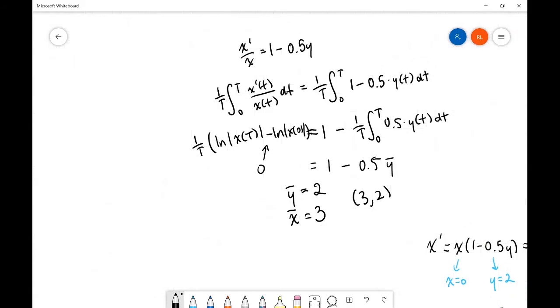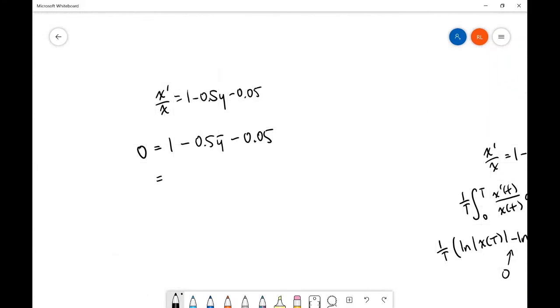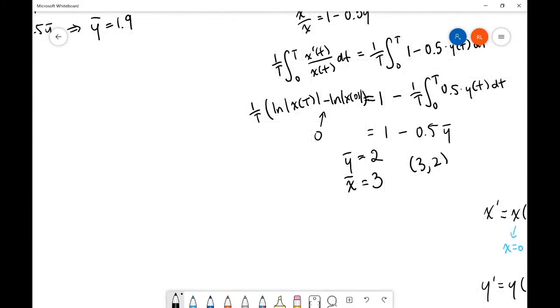Again, I'm not doing all the steps. You should be able to do the exact same thing. But we see that it's 0.95 minus 0.5 y average is equal to 0, which means that the average of y is equal to 1.9 now instead of 2. We originally got 2 here, but now it's 1.9.